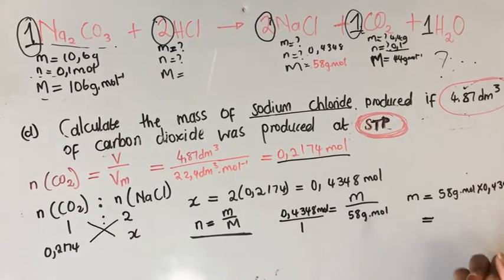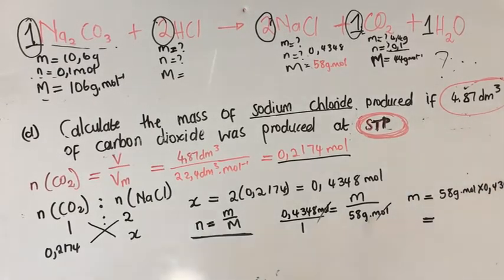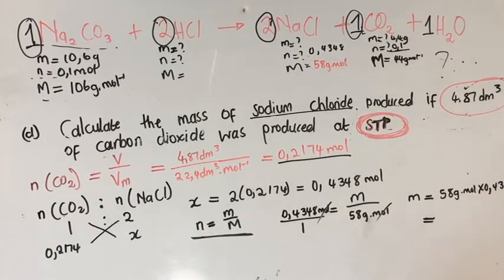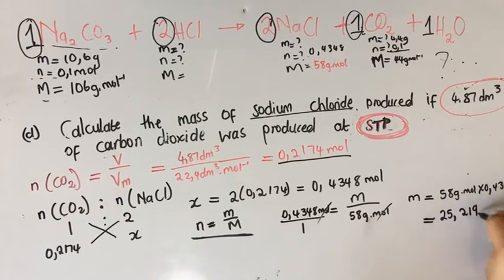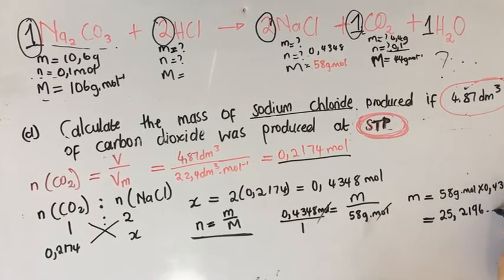Alright, so now cross multiply. Mole and mole will cancel, and then we put it in the calculator: 0.4348 multiplied by 58 grams. We get 25.2196 and so on, grams.